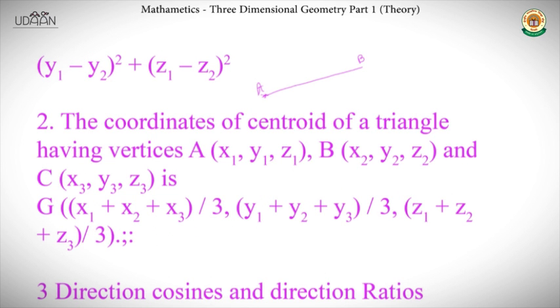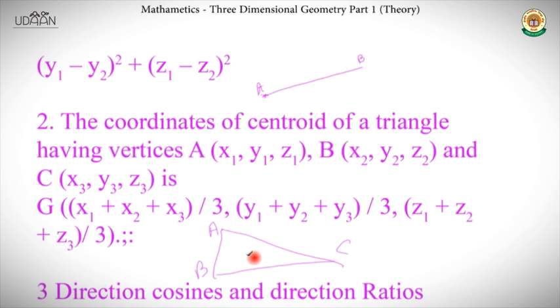Now the coordinates of a centroid of a triangle having vertices A(x1, y1, z1), B(x2, y2, z2) and C(x3, y3, z3).